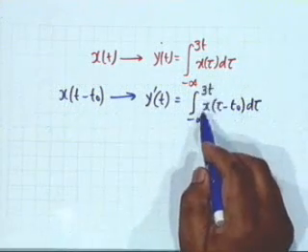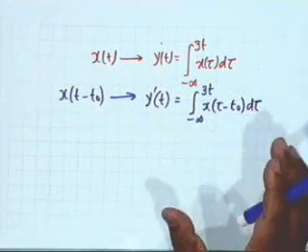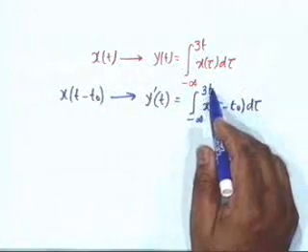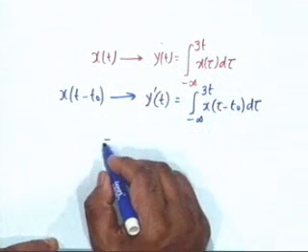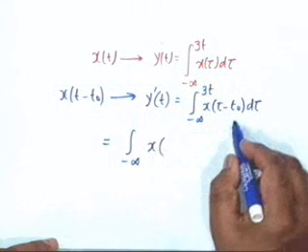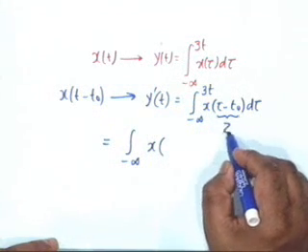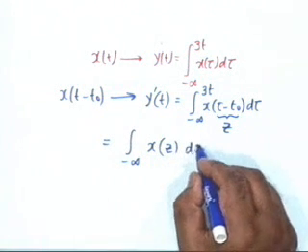The limits of integration are not functions of the input. They are functions of the system. They are parameters of the system. So the limit remains the same. T does not change here. All right. So this I can write as, let's put tau minus t0 as some variable z. Then I get x of z and d tau becomes dz.